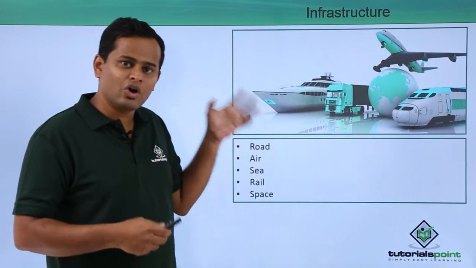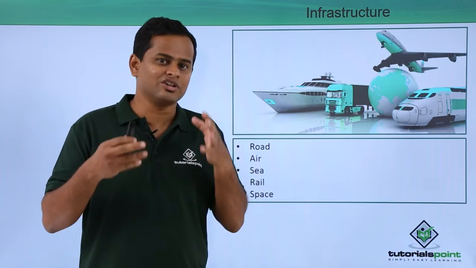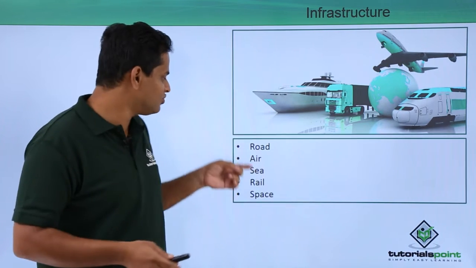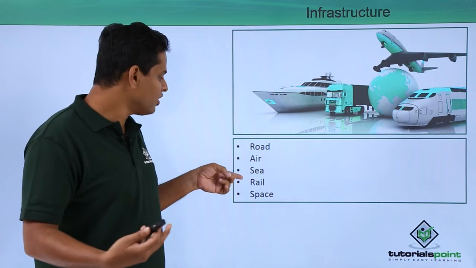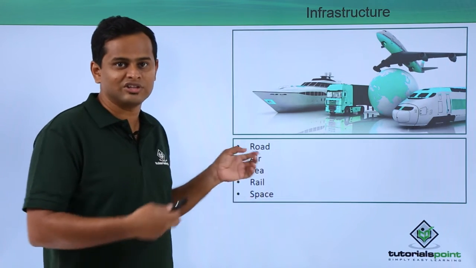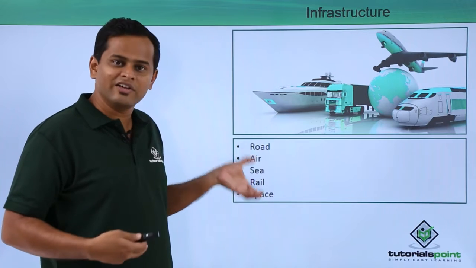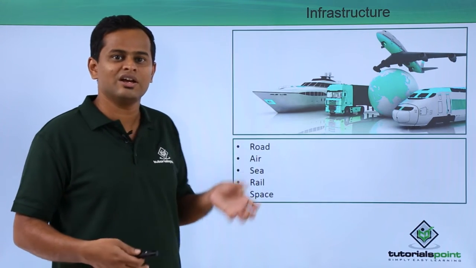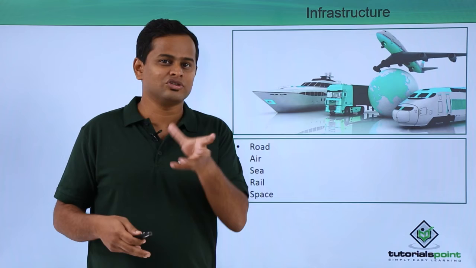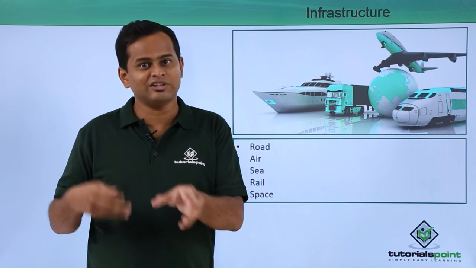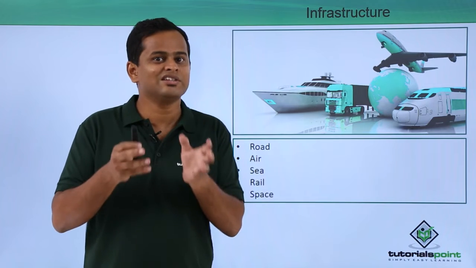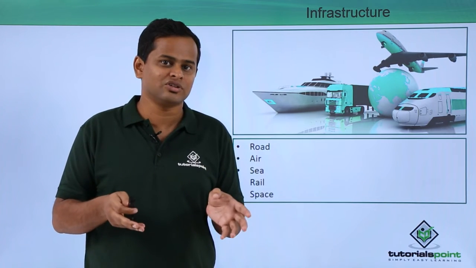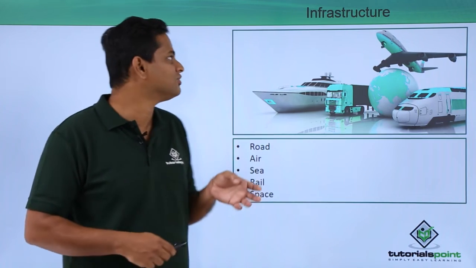Then from infrastructure also, certain countries or places will have excellent roads or air connectivity. They may not have sea connectivity at all, or rail or space, these kinds of things. Whenever we are having our components in any of these areas, we need to have the logistics, packaging and transportation modes validated prior to releasing any of these products in this kind of environment.